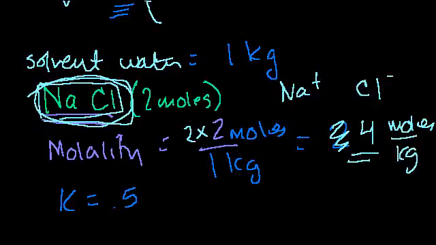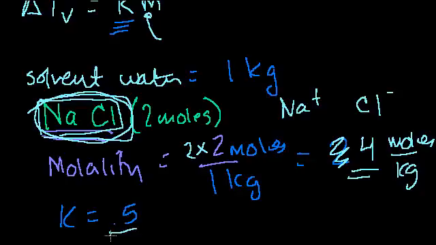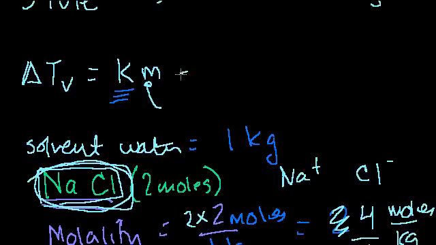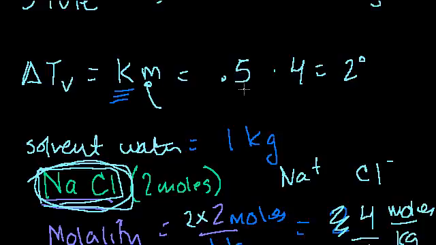So I just use that constant that I just got from Purdue, and then the change in temperature is equal to that constant, 0.5 times 4, which is equal to 2 degrees. So my boiling point will be elevated by 2 degrees.